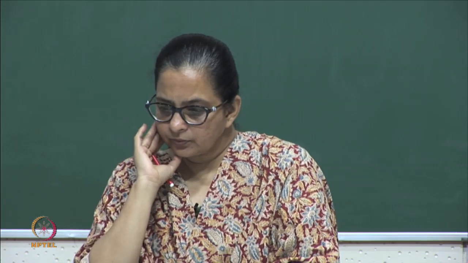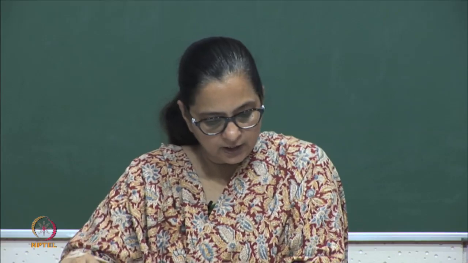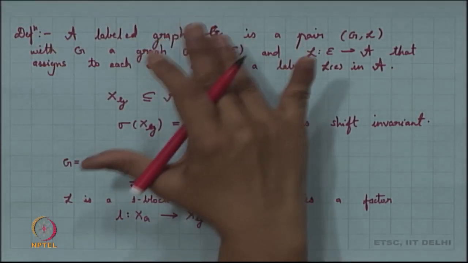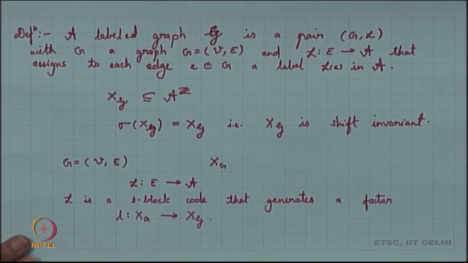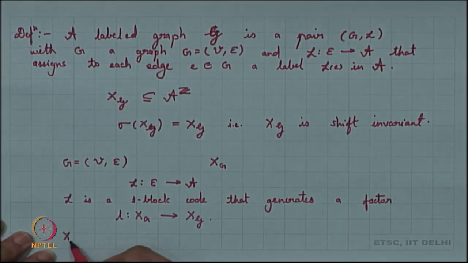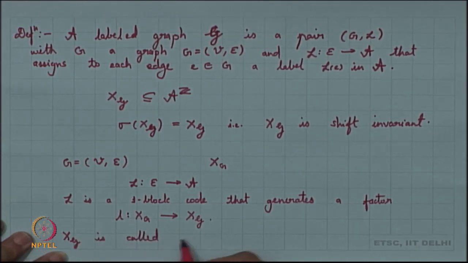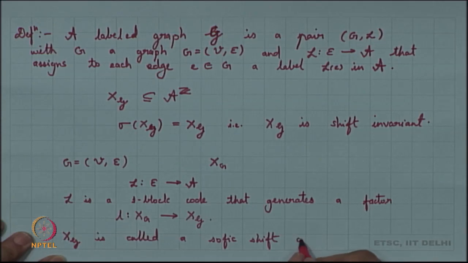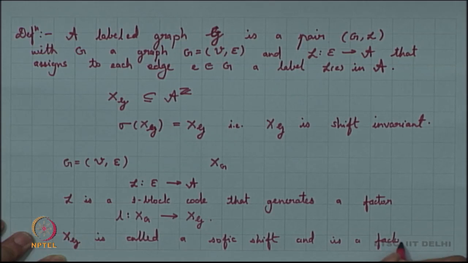So, what we have here is that we call this a Sofic shift, and it is a factor of a subshift of finite type.